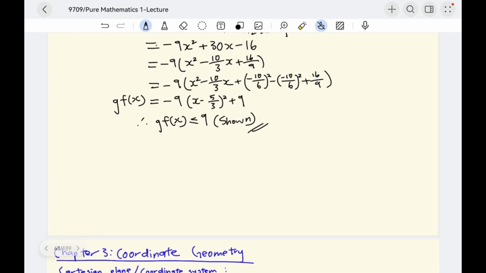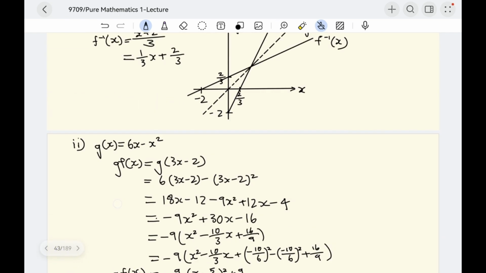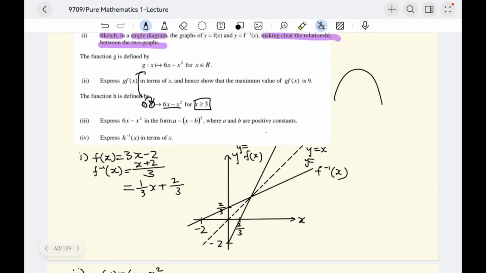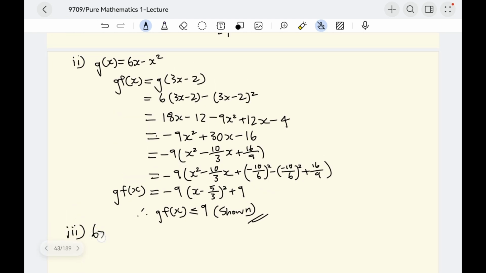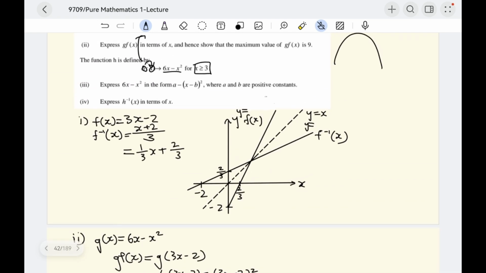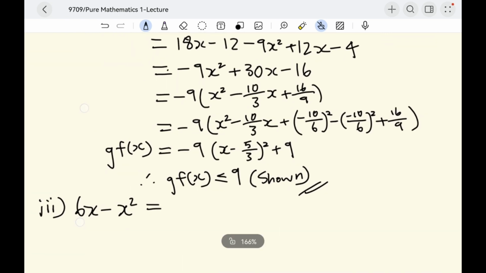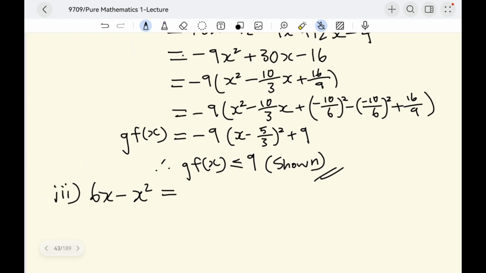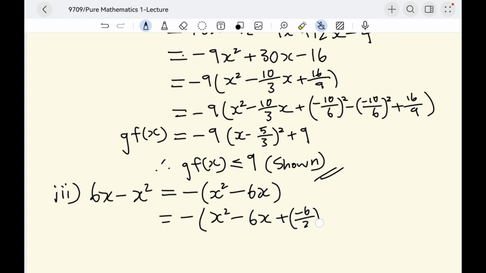Now, for the third part, express 6x minus x squared into the vertex form, where a and b are positive constants. So, factorize the negative first before adding the bracket square of b over 2. Okay, do it this way.